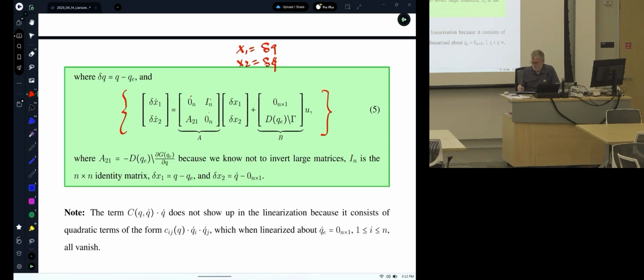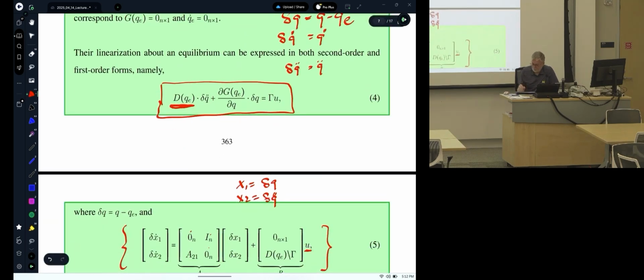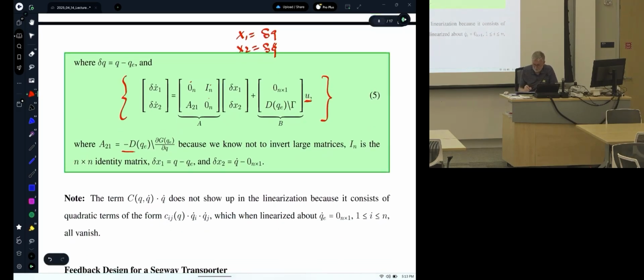Now here we're including torque terms, and you just have to take my word for it that this is how they enter into the model. So if you have the robot equations with torque terms on the right-hand side, do D inverse times everything, and that's where that shows up here.